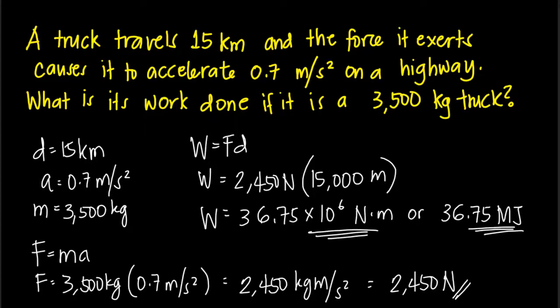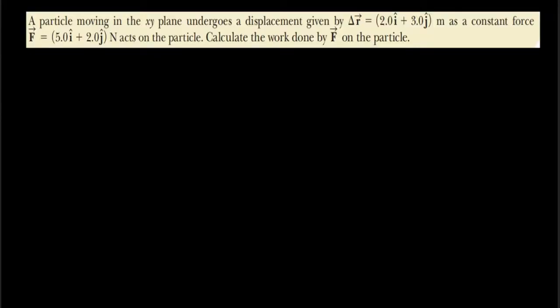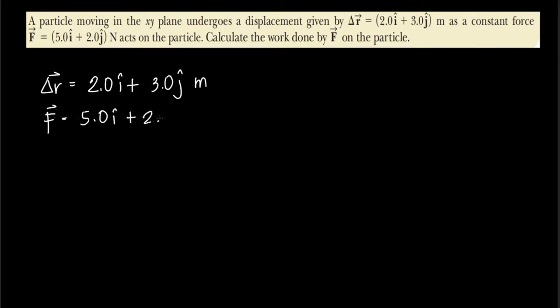Okay? Another example. Here we have vectors. So, a particle moving in the xy plane undergoes a displacement given by delta r, which is 2.0 i plus 3.0 j meters. A constant force F, which is equal to 5.0 i plus 2.0 j newtons, acts on it.